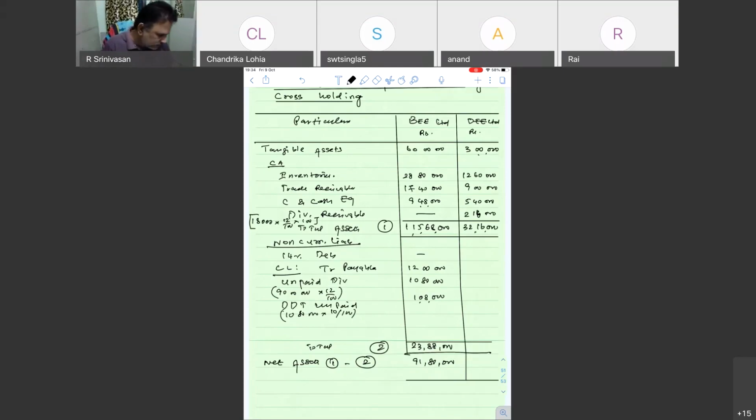Okay. Trade payables. Here 14% debentures, 18 lakh. Trade payables 5 lakh 40,000. They have not declared any dividend, so this is 23 lakh 40,000.